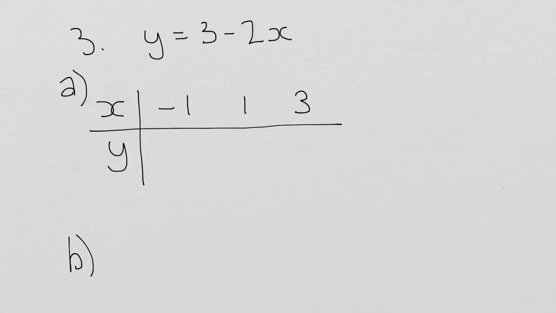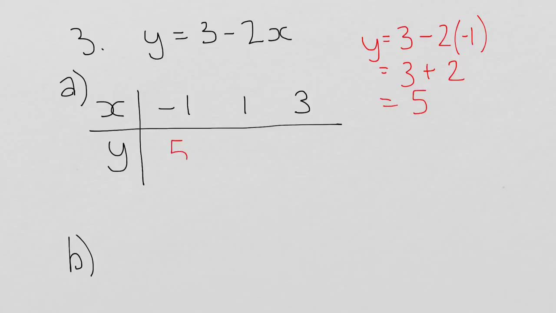And question 3 finally. First part, A asks you to copy and complete the table of values. So we take this equation here. If x equals -1, then y will equal 3 subtract 2 times -1, which equals 3 plus 2, which equals 5.